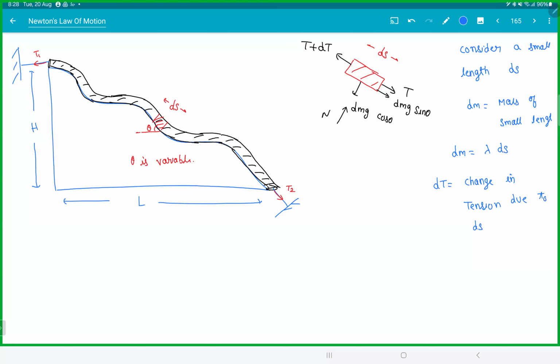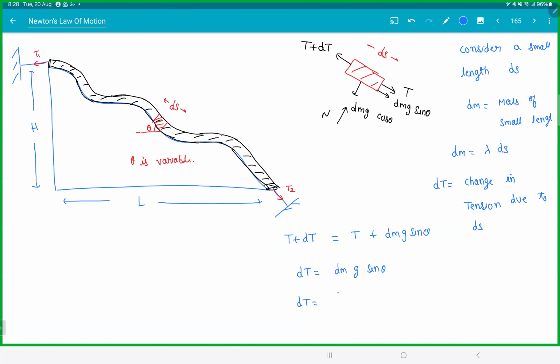Now, if you look at the forces here, T plus dT is balancing T plus dmg sin theta. Is that making sense? Because of dmg sin theta, you're getting this extra tension, right? The dmg cos theta is balanced by the normal reaction anyways. It will cancel. So we get dT is equal to dmg sin theta.